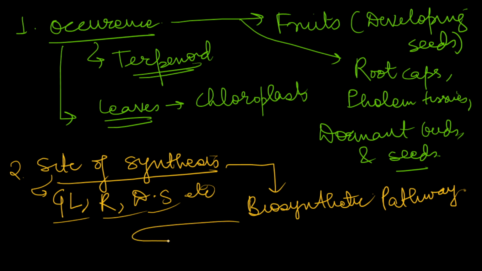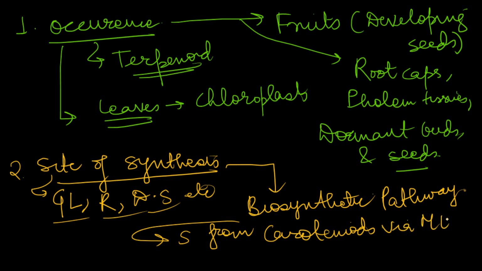It is synthesized from carotenoids via the MEP pathway. What is this MEP pathway? It is known as the methyl erythritol phosphate pathway.